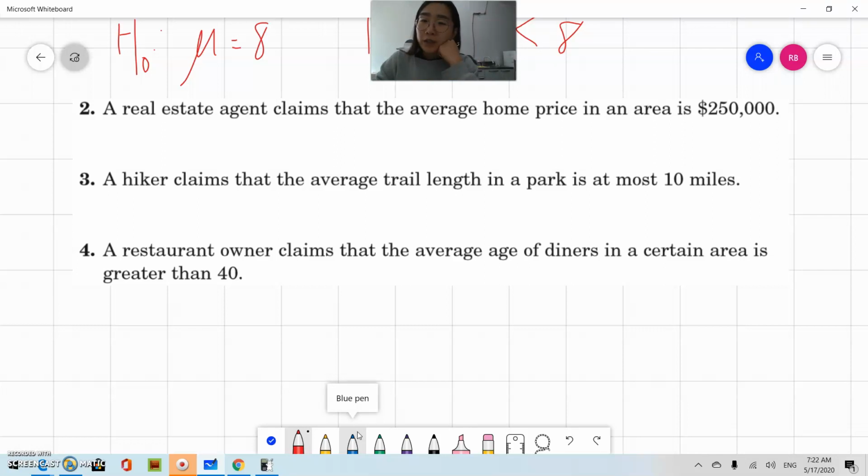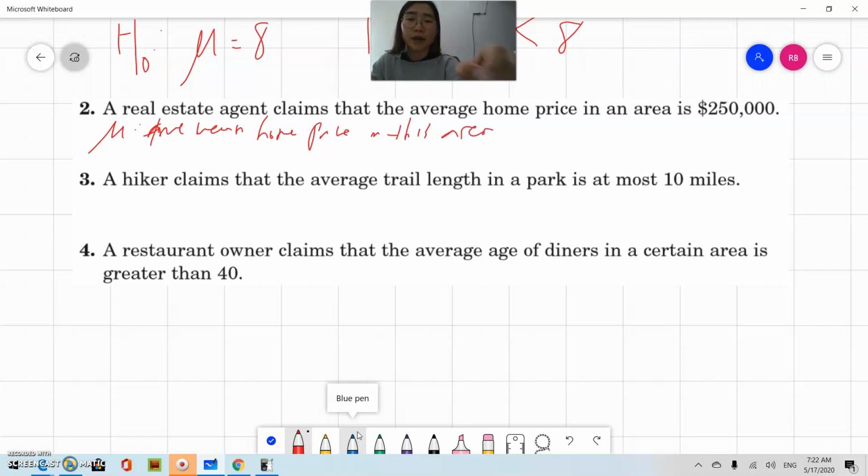All right, number 2, a real estate agent claims that the average home price in the area is $250,000. So then the mu would be the true mean or true average home price in this area. I don't know what area it is, but in this area, okay?